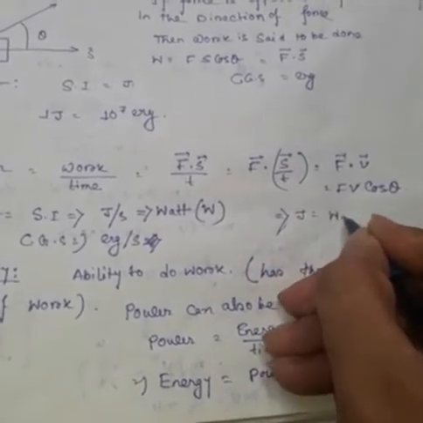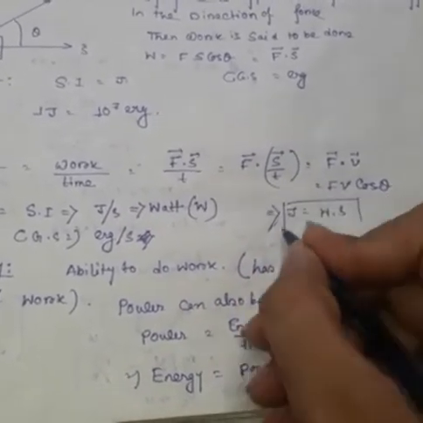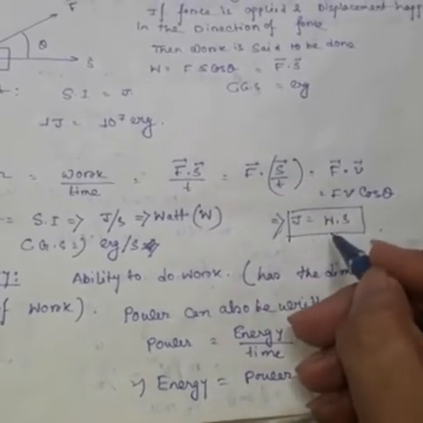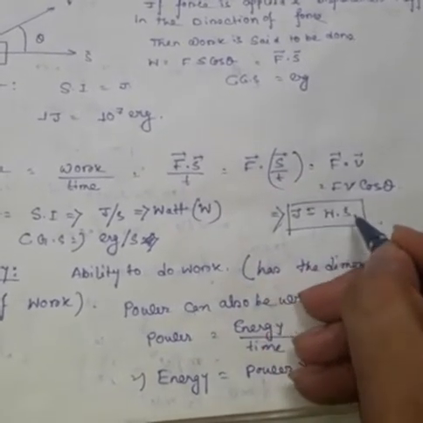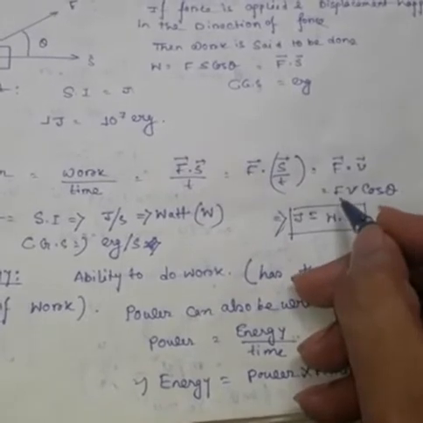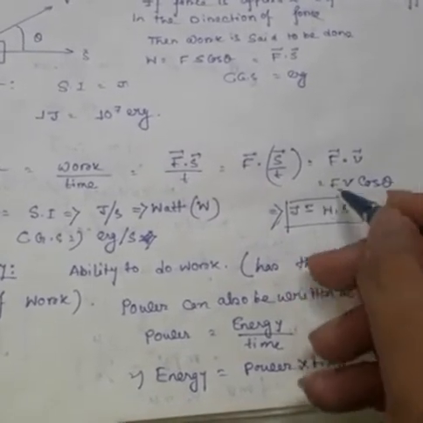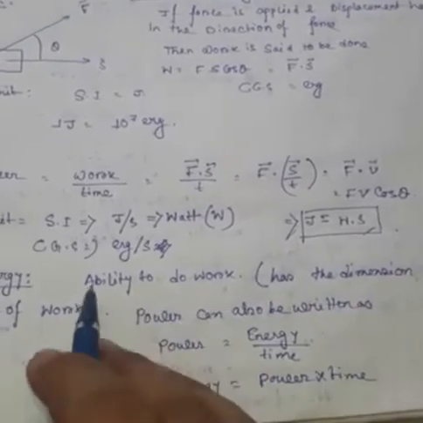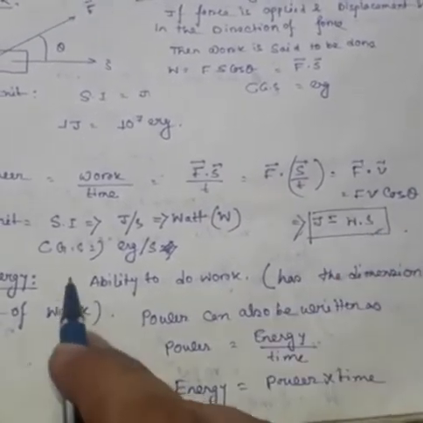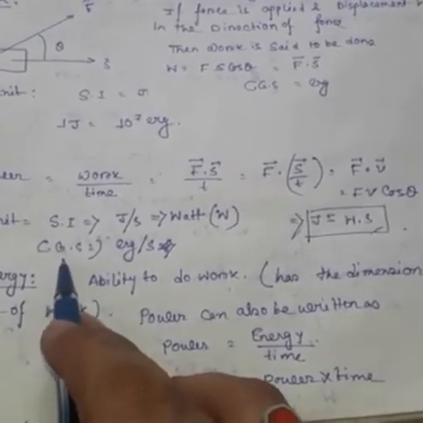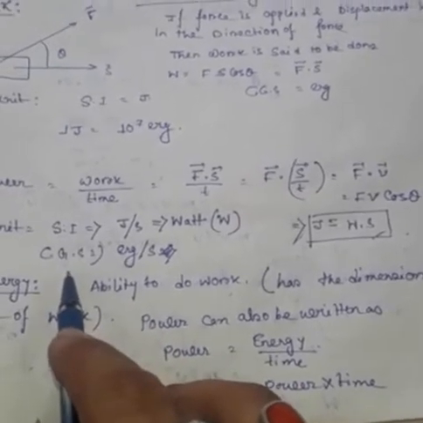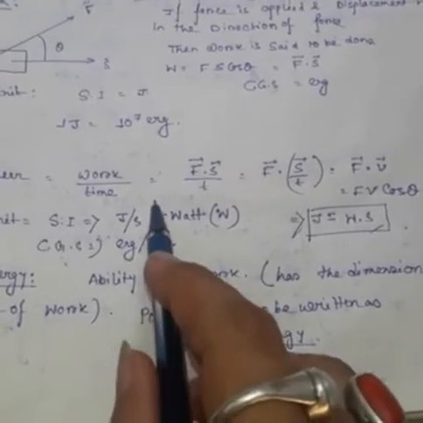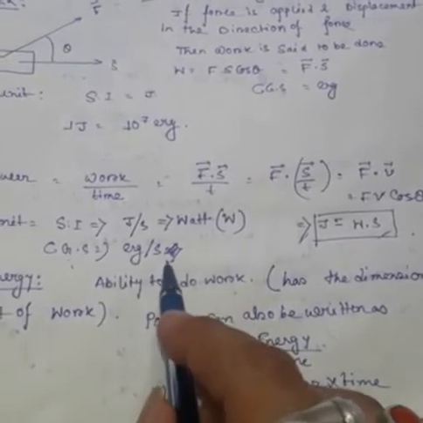And why am I writing this? Because in the later part of the discussion we are going to use this equation. The other unit system is CGS, and in that system the unit is erg per second.